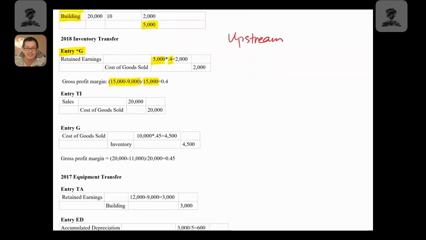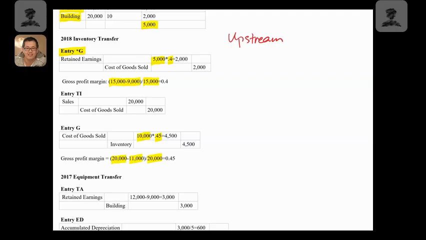For 2018, the gross profit margin is equal to the 2018 inventory selling price minus the cost, divided by the total sales, 45%. For the deferred profit, it equals the unsold inventory times this 40%, and we get 4,500. So those are the profits that have to be recognized in the following period. Alright, so that's the entries related to the inventory transfer.